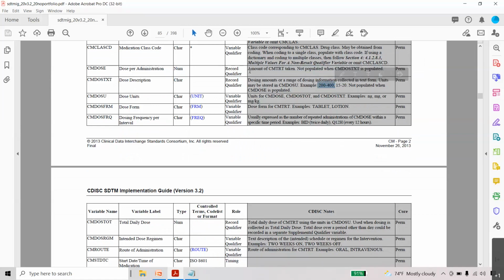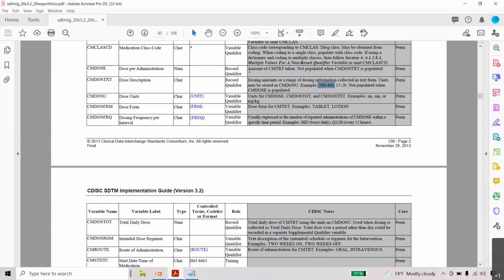If the subject is taking medication and it is very clear that the administered amount is 40 or 40 mg, usually the dose amount 40, 20, 10 will be given in CM dose. But if it is a range like 10 to 20 mg or 40 to 50 mg, then we will see the values in CM dose text.